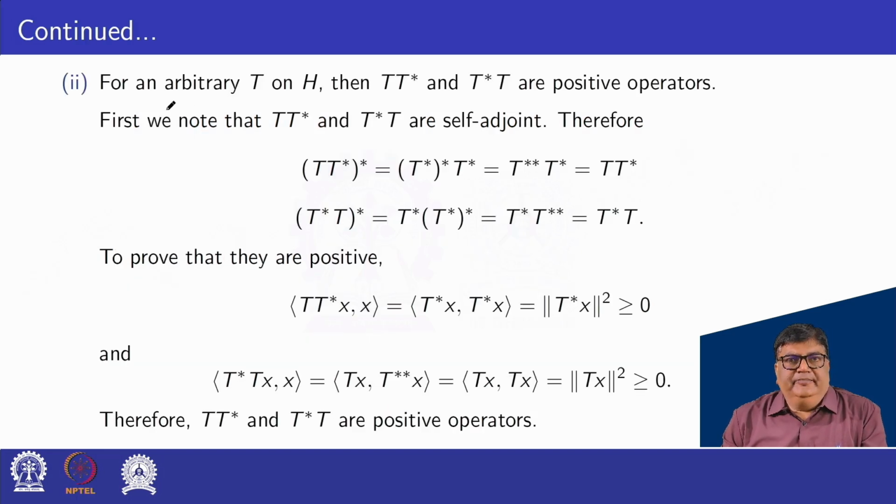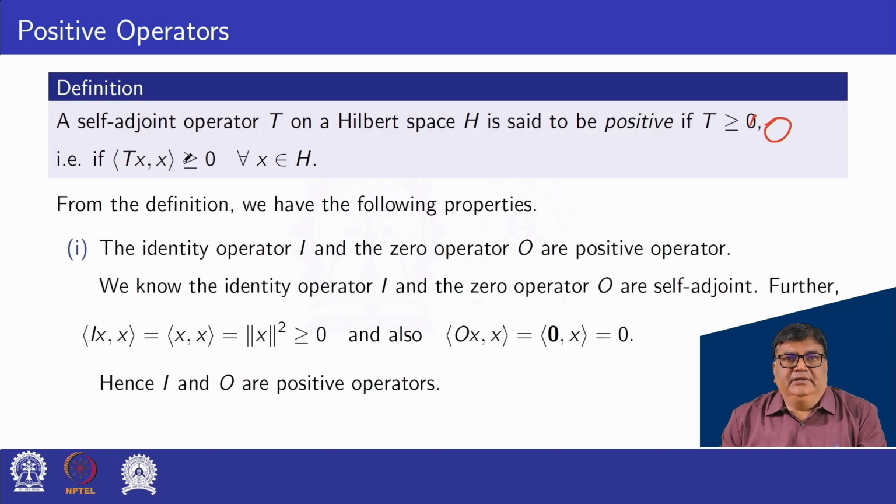Second property: for an arbitrary T on H, TT star and T star T are positive operators, where T star is the adjoint of T. First we note that TT star and T star T are self-adjoint, because a positive operator T, meaning the inner product of Tx and x is greater or equal to 0, is self-adjoint.